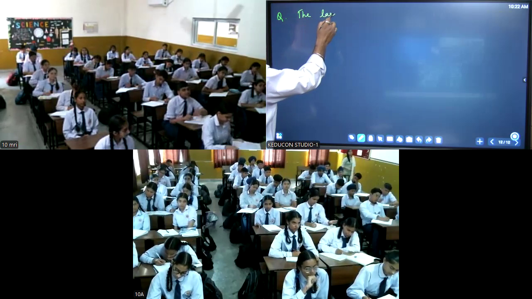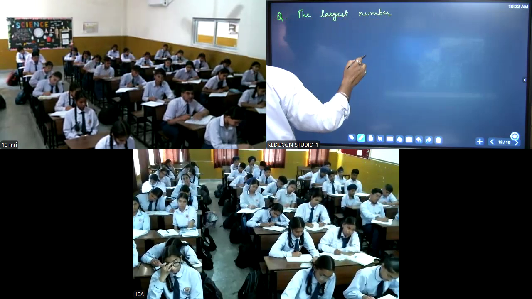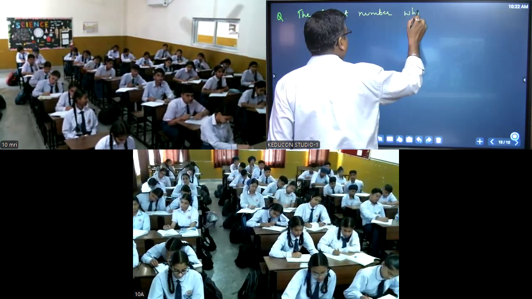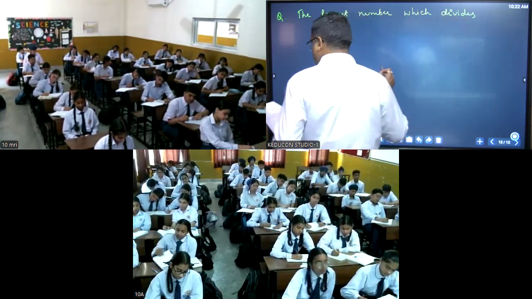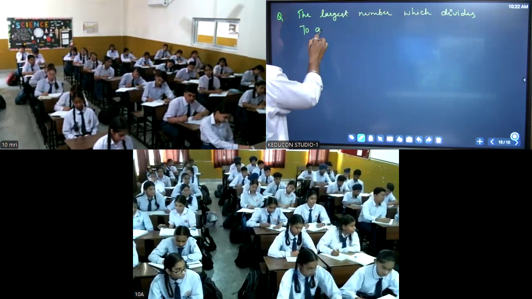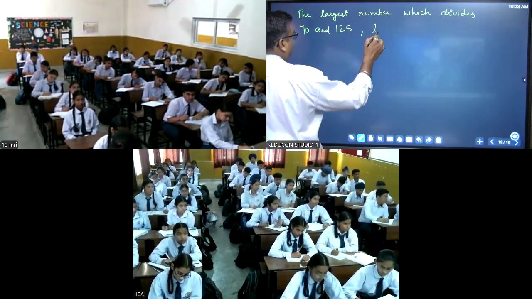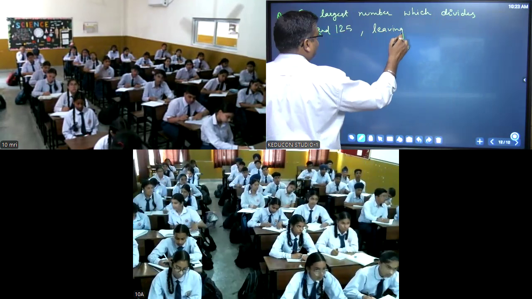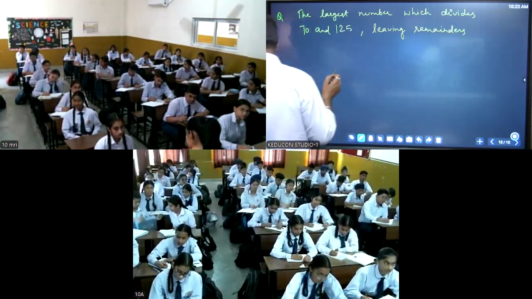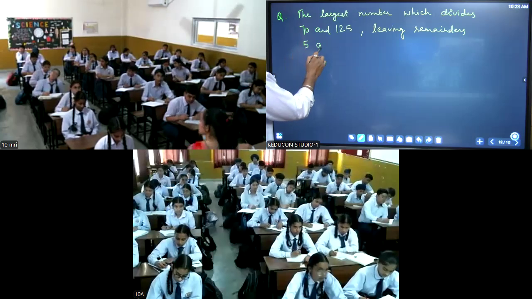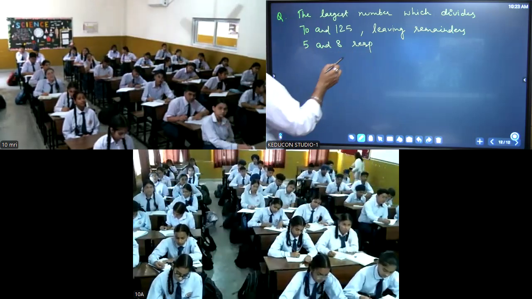The largest number which divides 70 and 125 leaving remainder 5 and 8 respectively is.